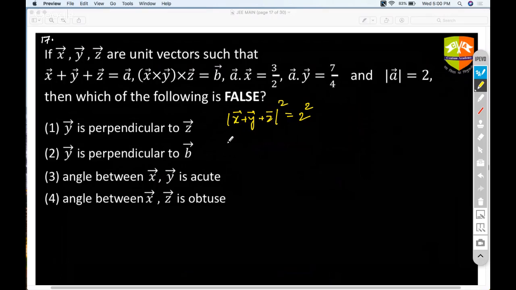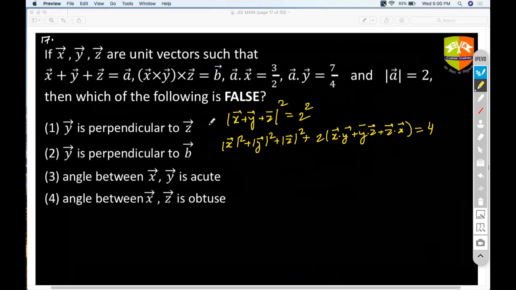And if I expand this, I'm going to get mod x square plus mod y square plus mod z square plus twice of x dot y plus y dot z plus z dot x, that's going to be 4.